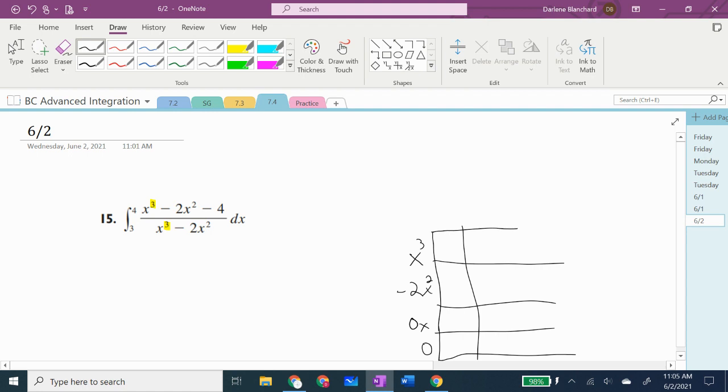The next thing I do is I take the numerator leading term, put it in the upper left corner of the box interior, and then I have to figure out what do I multiply x cubed by to get that. That would be 1. And now I need to go down this column, 1 multiplied by negative 2x squared.